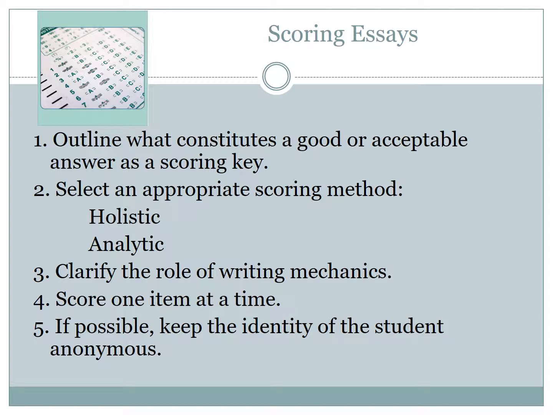If possible, when you're grading, score 1 item at a time, and then keep the identity of the student anonymous. Sometimes what I'll do is I used to have students put numbers on the back of their paper instead of names, and I had a key that I didn't look at while I was grading about which student it was.